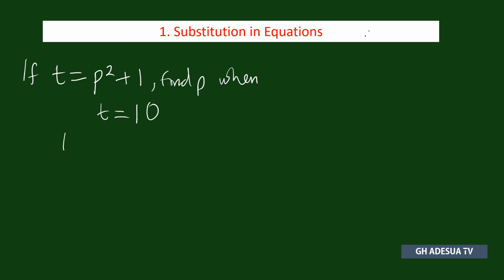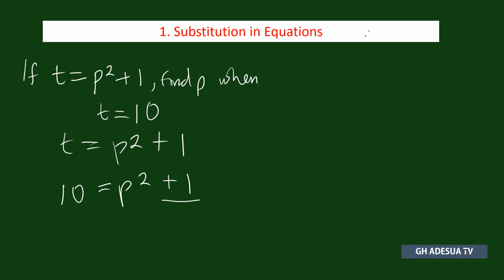The equation is t is equal to p squared plus 1. You replace the t by 10, and it becomes 10 is equal to p squared plus 1. But the question says we should find p, but we have p squared here, so the concept of change of subject comes in. But before then, we need to let the p stand alone.